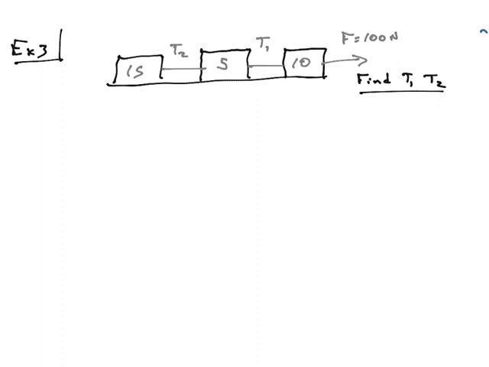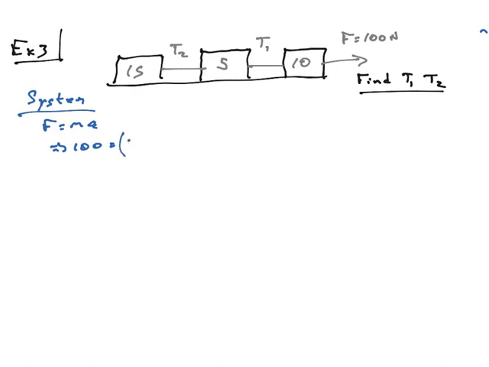Well, I just want to do this the same way I did the other problem. I'm going to look at the system as a whole first. System. F equals ma. I'm applying a force of 100. If I don't look behind me, I don't see that there's 3 separate blocks. It's just one big thing.